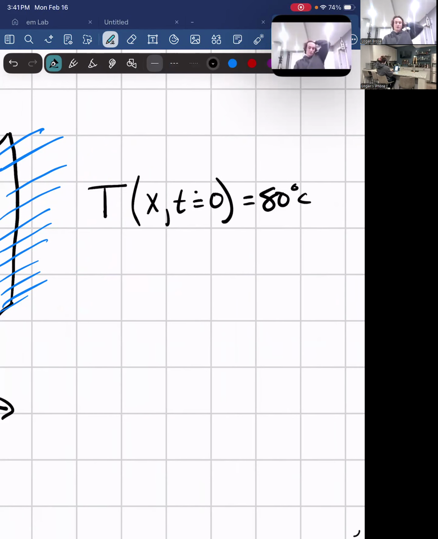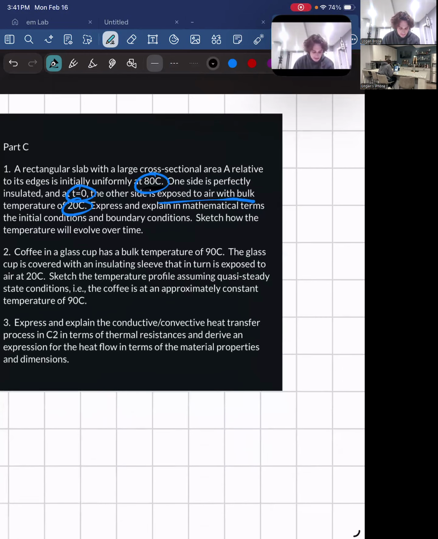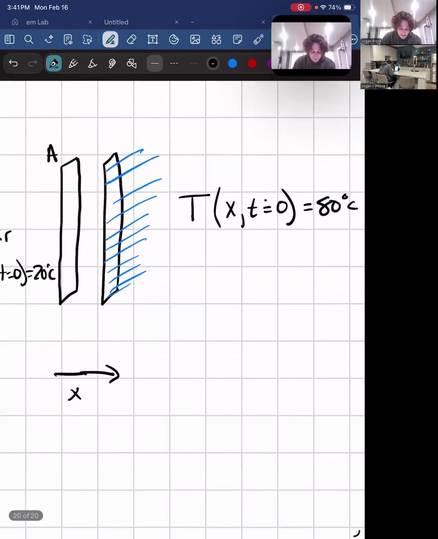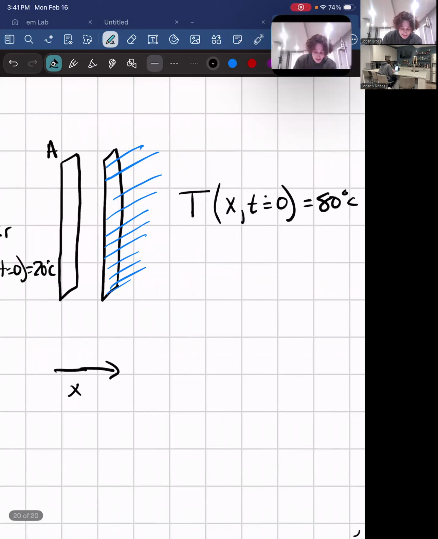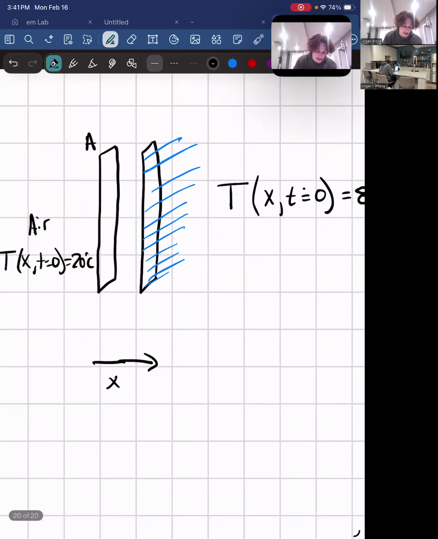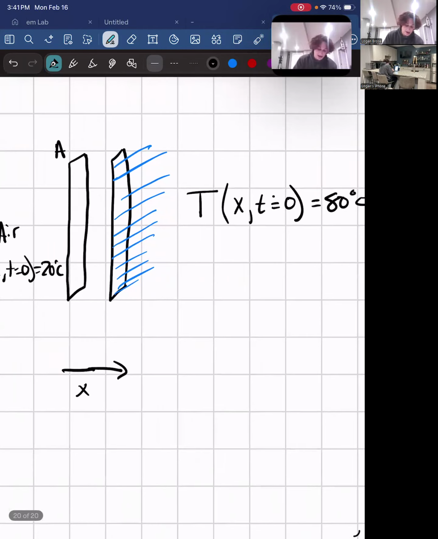So when we look at this, and we look at how the temperature will change over time, right? Because we only have our initial conditions of at time equals zero, the block is 80, and the air is 20, right? So we have to look at how the heat travels, right?